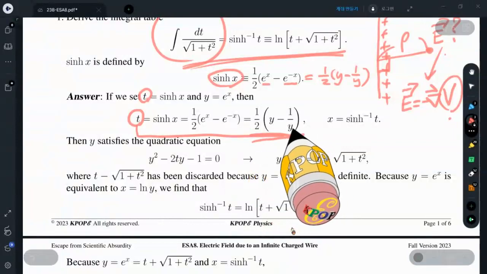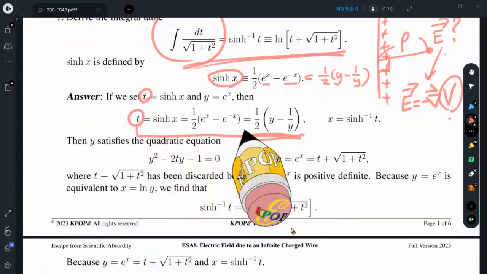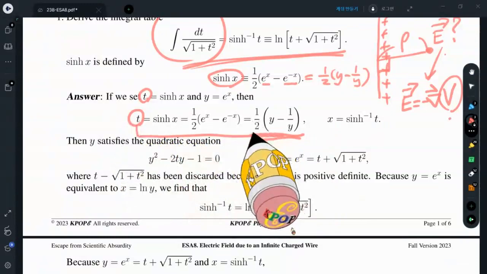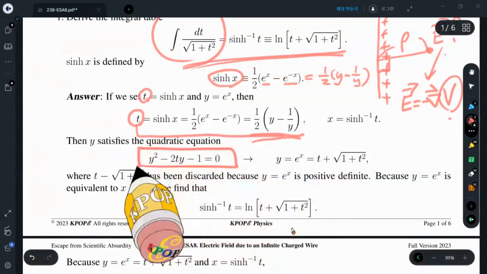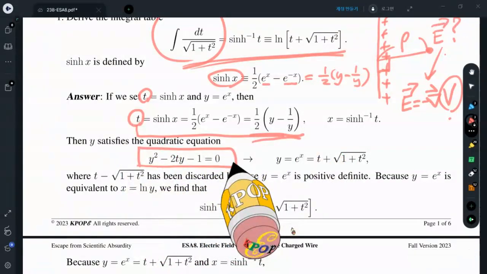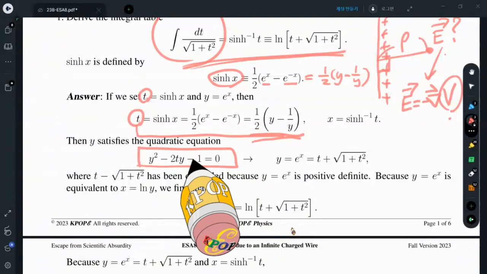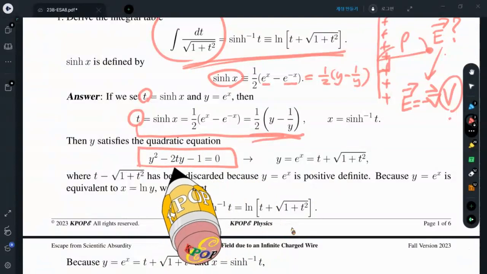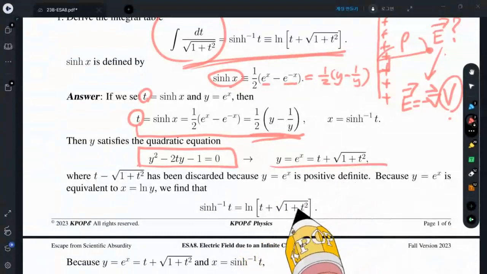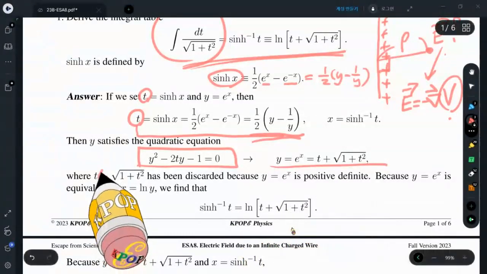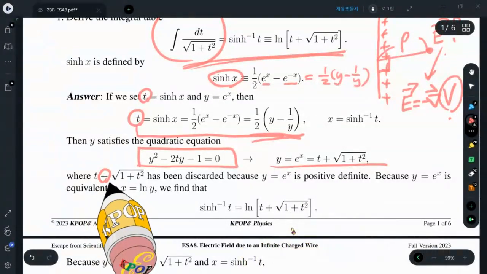How? I multiply y on both sides and multiply 2 on both sides. Then I can reach this quadratic equation. The solution of this quadratic equation is this. Sure, there are two solutions. However, I have discarded this solution.